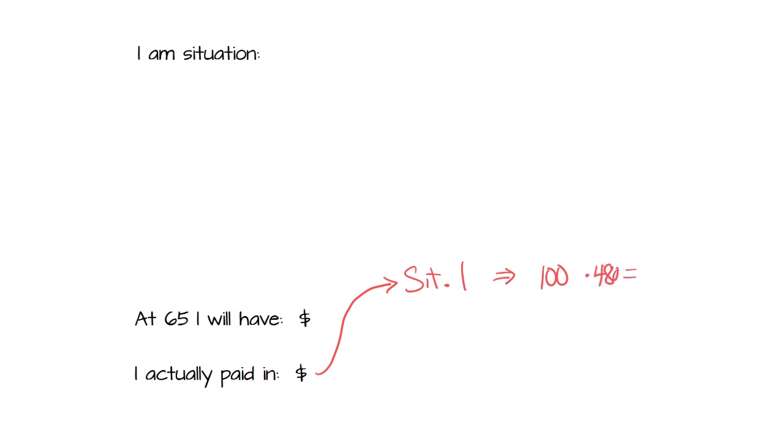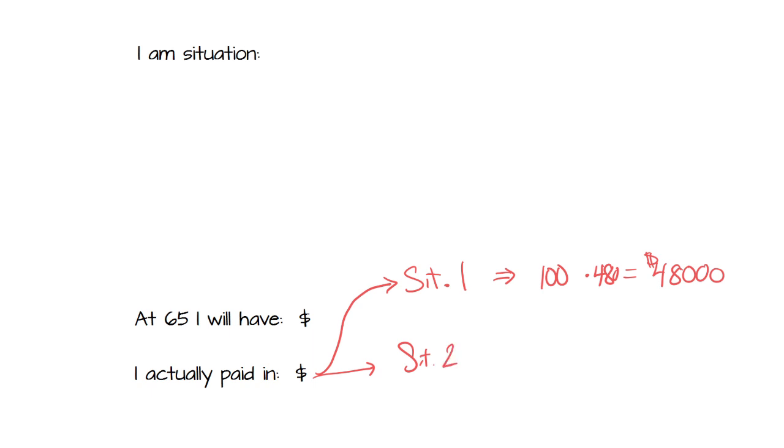So I ended up putting $48,000 in. The rest of that $600,000 was all interest that I earned. That was a lot of interest.